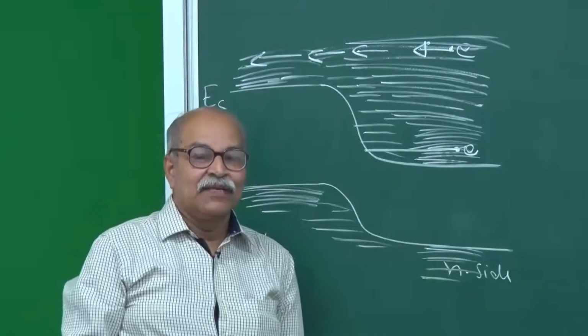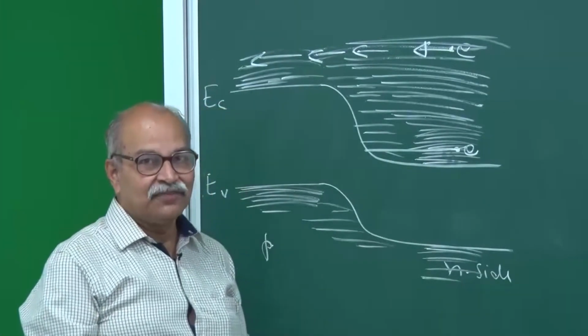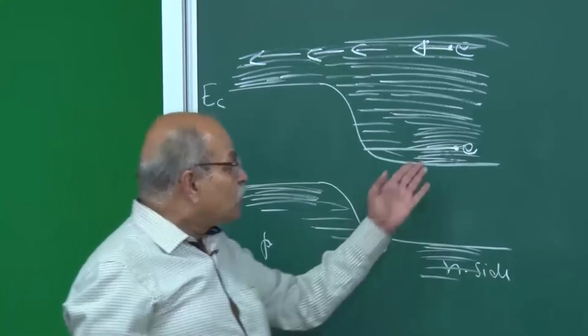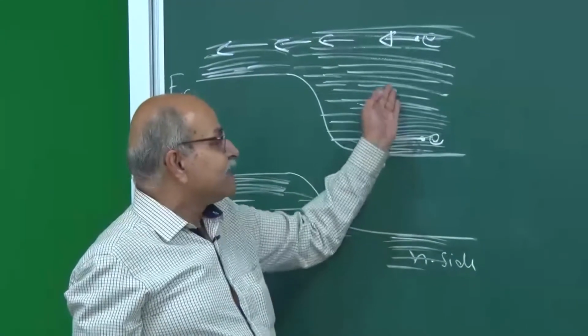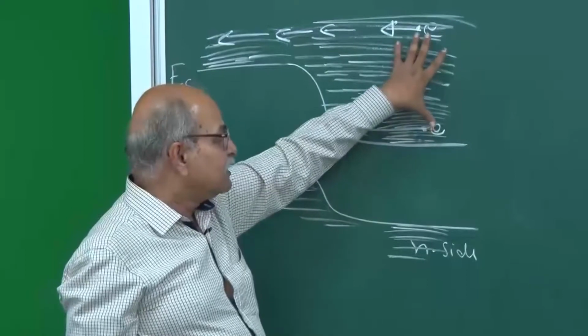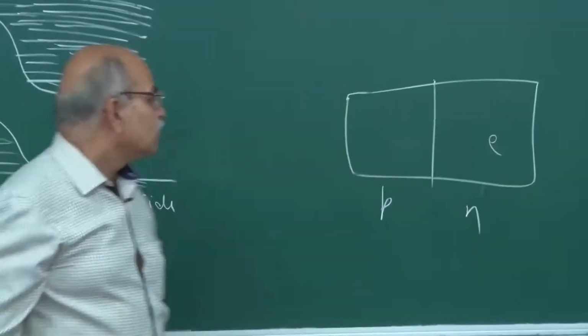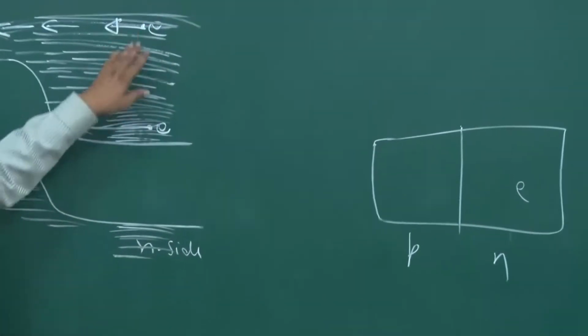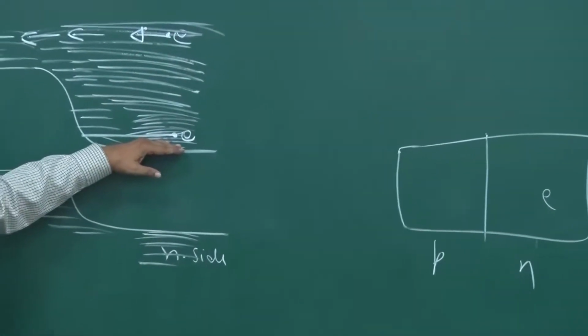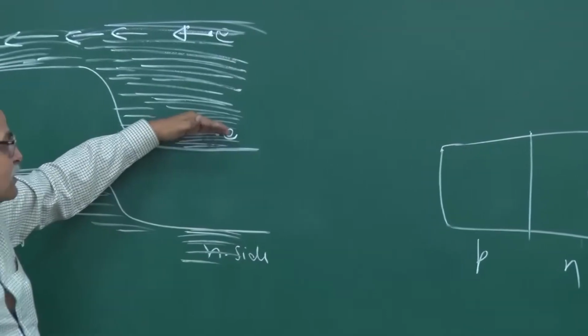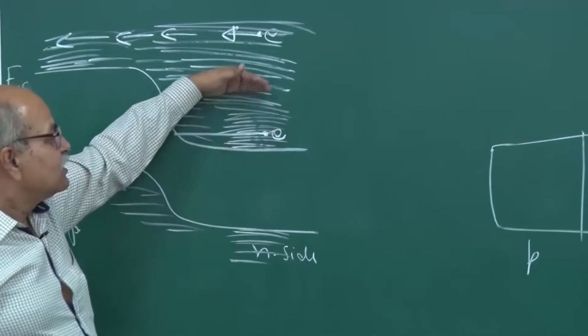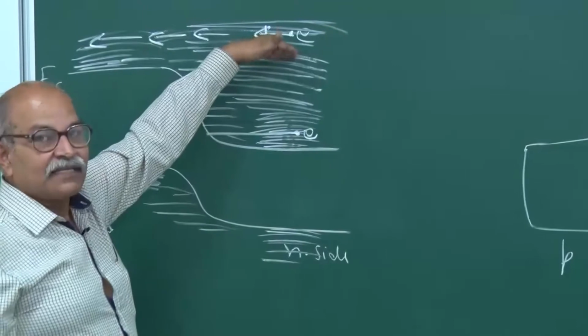So it becomes very important to find the occupancy of these quantum states. If you have a lot of conduction electrons here, how many of those electrons are in these quantum states, and these, and these, and so on?